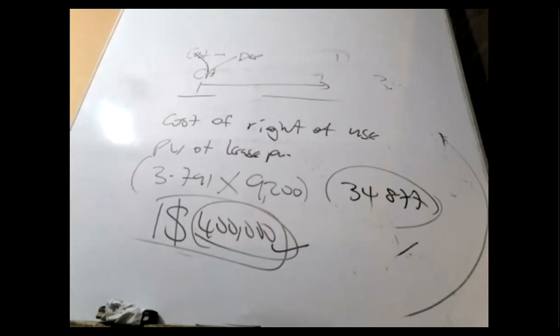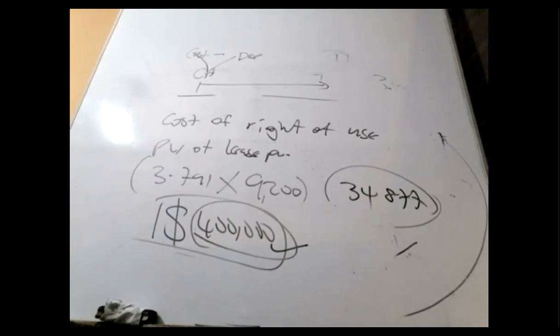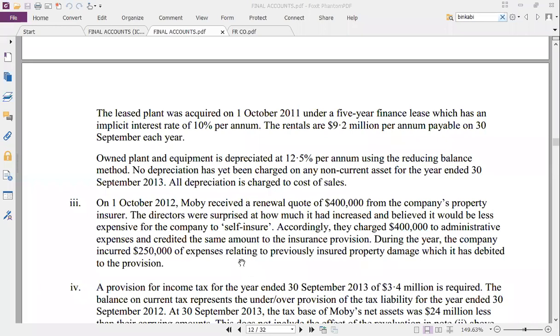So they set a provision towards it. Now let's see what happened. Now, during the year, the company incurred $250,000 of expenses relating to the previously insured property damages. That means the amount has been released from the provision, so they have debited it to the provision.